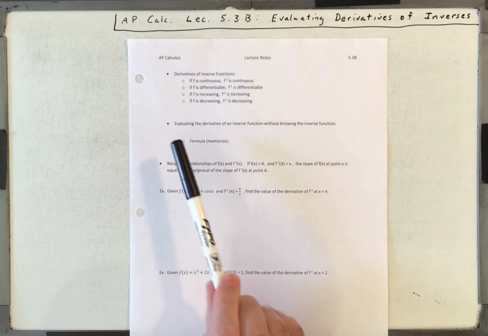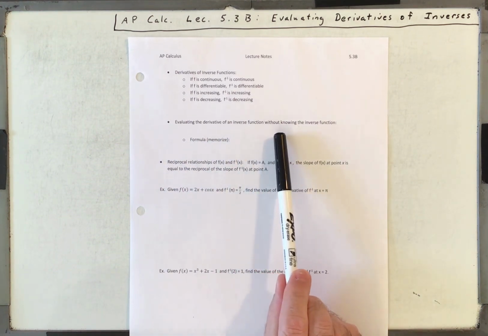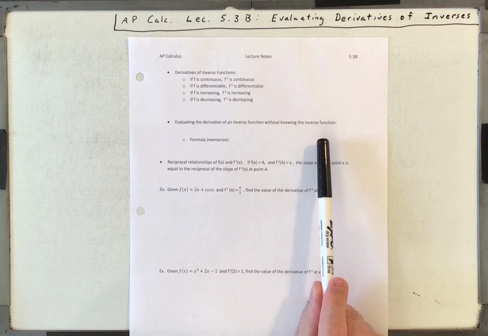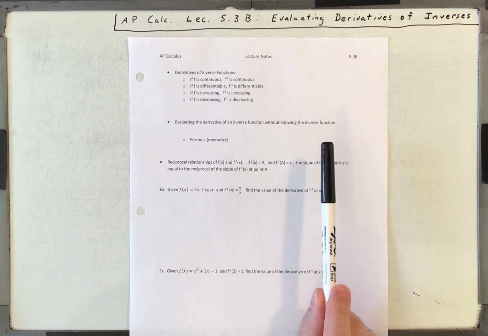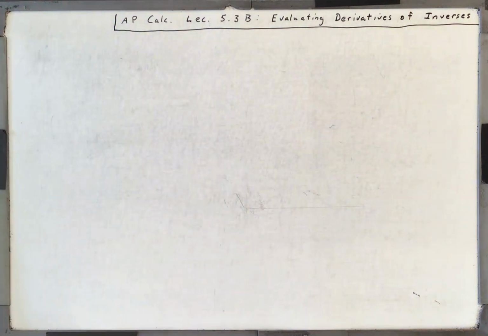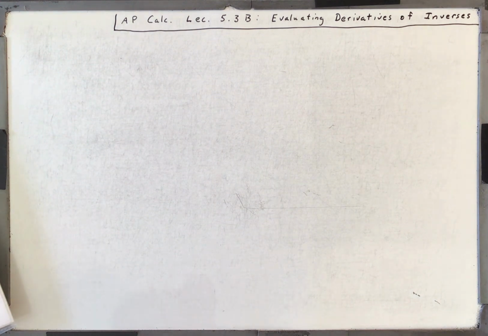All right, so evaluating the derivative of an inverse function without knowing the inverse function. Let's say you don't even know what the inverse function is. You can still evaluate its derivative with this formula. I want you to write the formula in this section on your notes.